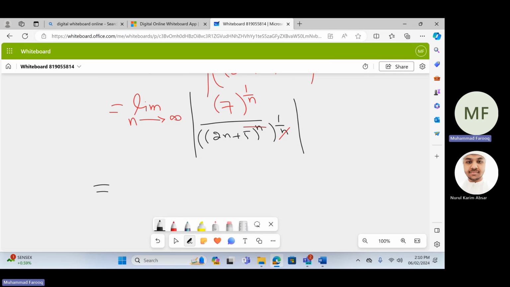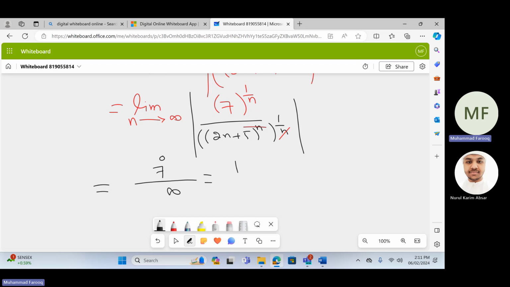And now apply limits. Wherever you have n, replace it by infinity. So what will happen in the numerator? 1 over infinity is how much? 0. Divided by 2 times n basically. What is that? n is how much? Basically infinity.